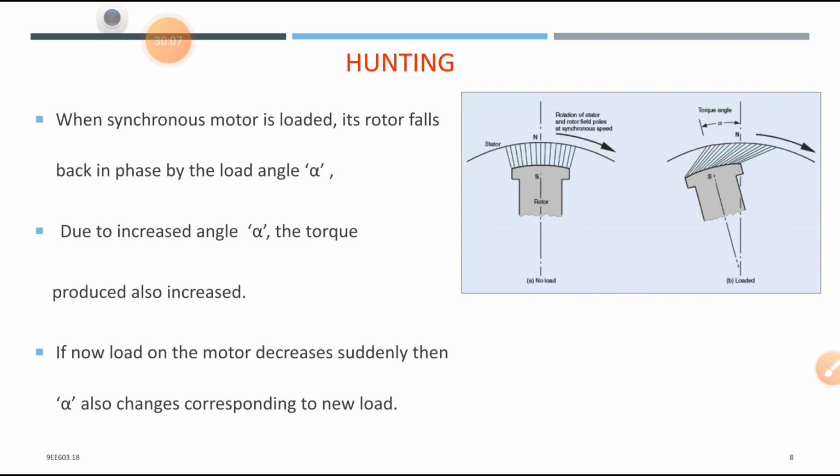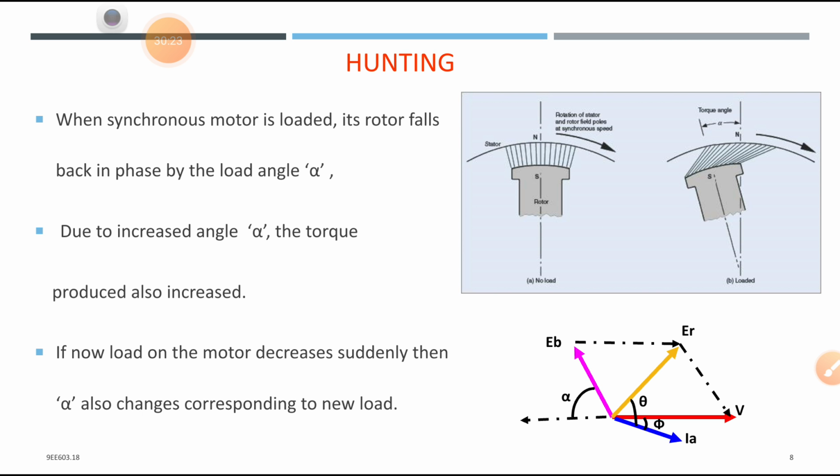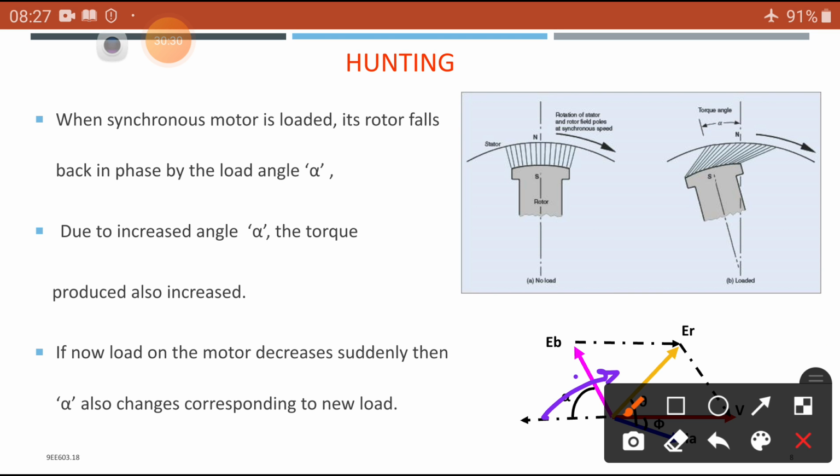If now the load on the motor suddenly decreases, just like a punch machine, alpha also changes corresponding to the new load. It has to change. So here the load increases, then suddenly decreases, and alpha changes from a large value to a small value to meet constant speed.